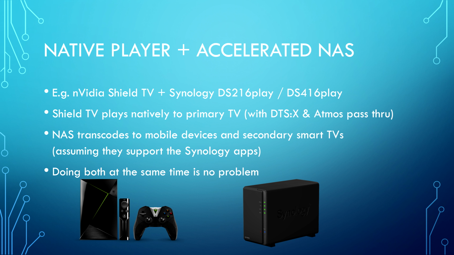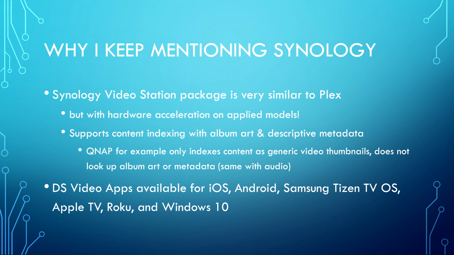The CPU in those models is low-end otherwise, but it doesn't matter, because if you, say, put your Shield TV on your primary TV, you can play everything natively there, and then use the Synology client with transcoding to play the content elsewhere on your iOS or Android mobile devices or your secondary smart TVs if they support the Synology applications. And doing both of those at the same time is zero issue for the server, because it's only transcoding one thing and then serving the other via file share, which takes no CPU at all. So I think this is a really good combination.